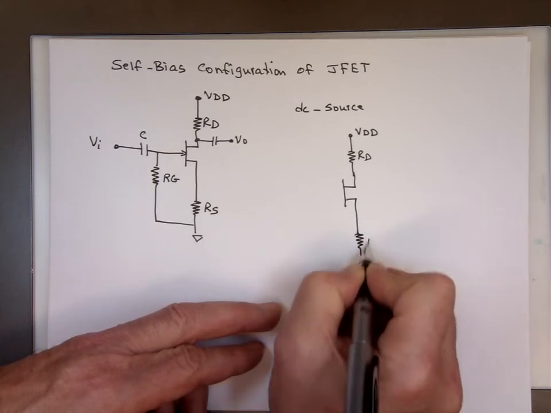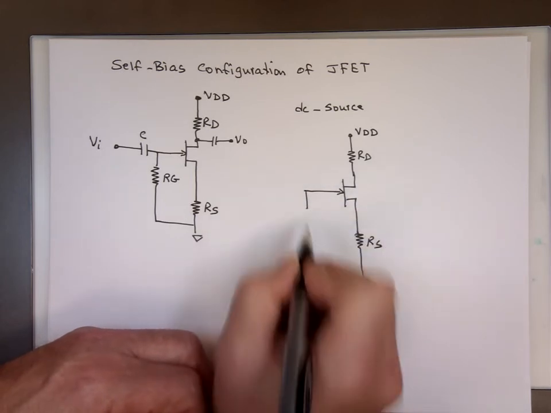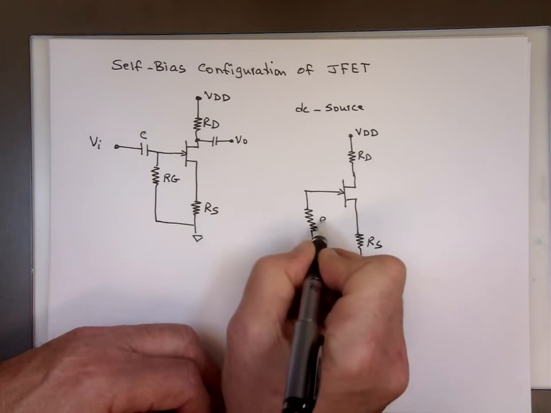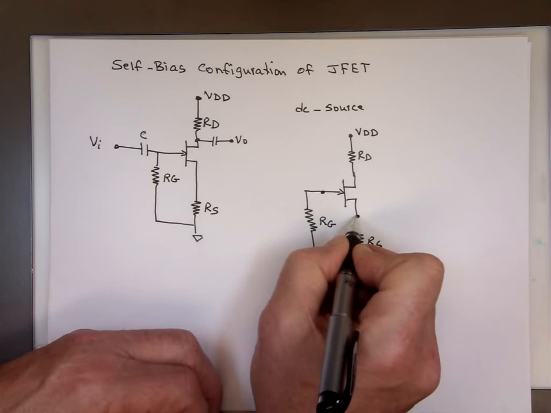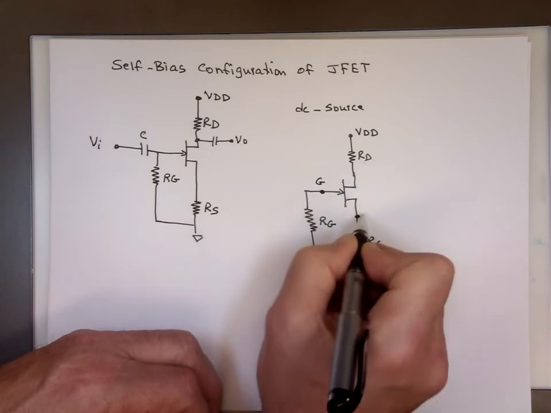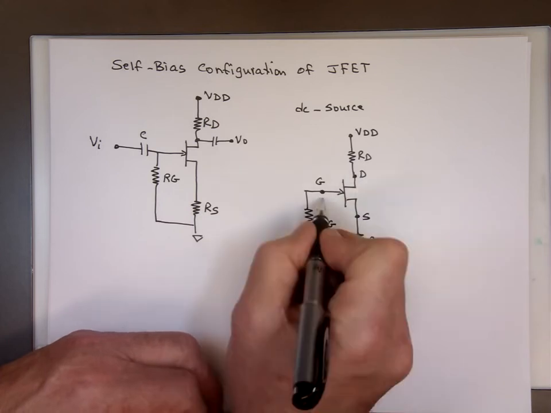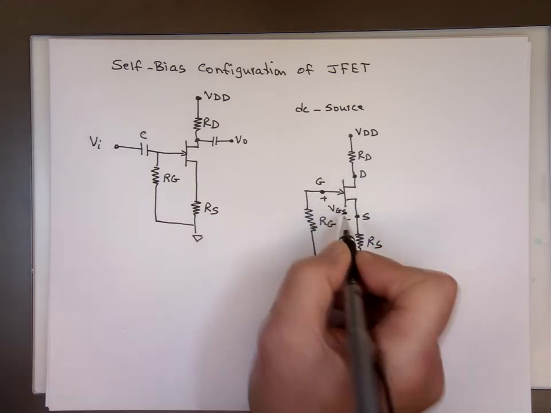RS, RG, and this is VGS right there. Gate, source, drain, and that's your V out right there, the drain. VGS should be a negative number.